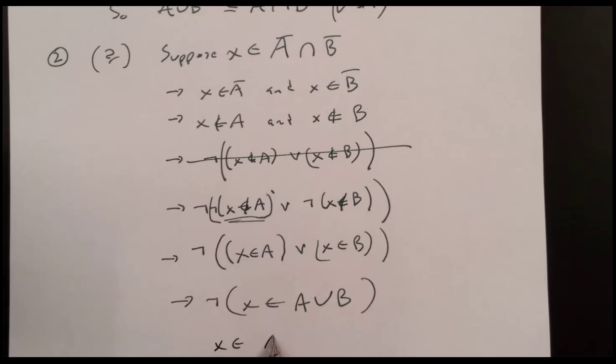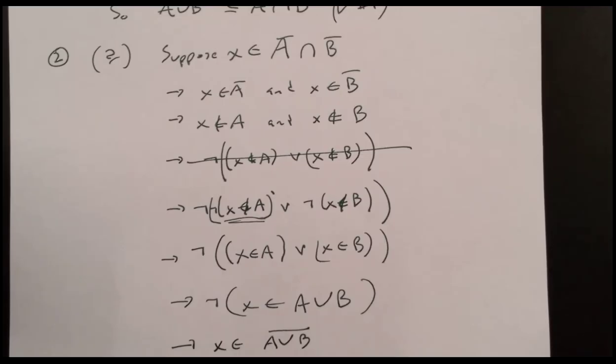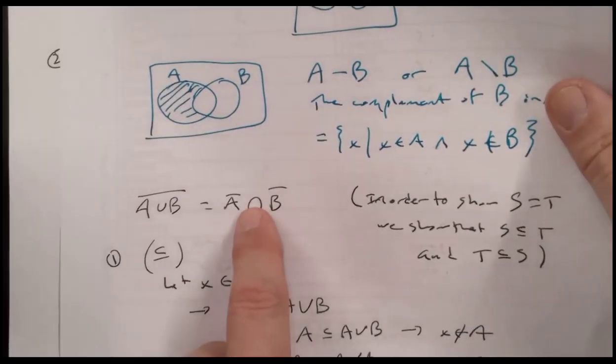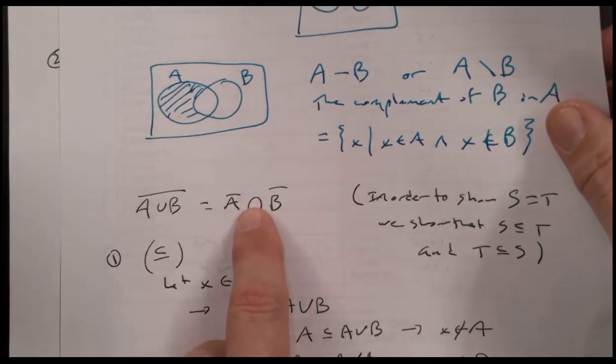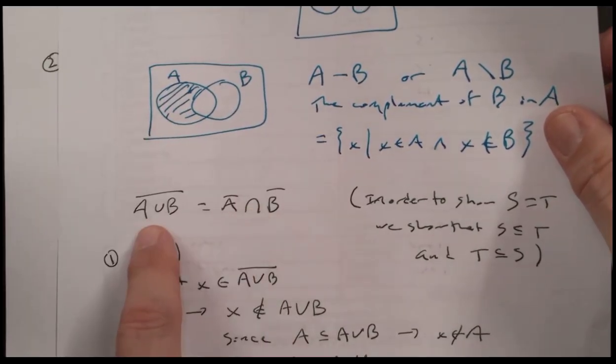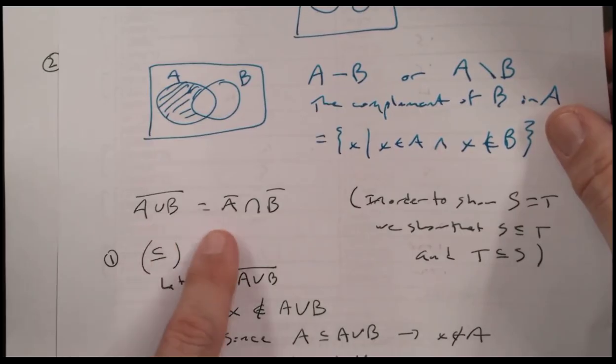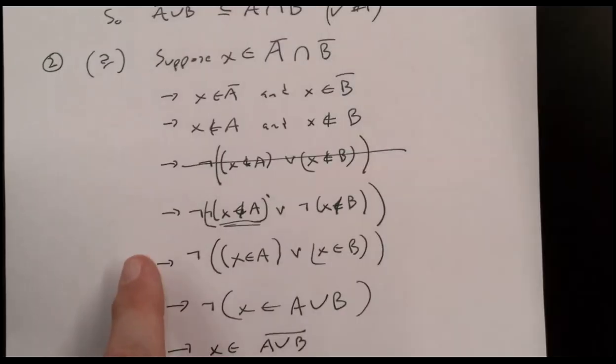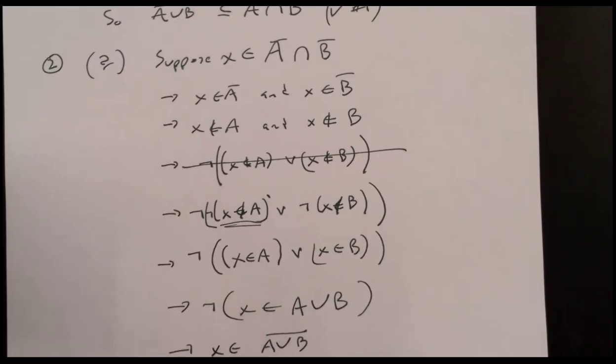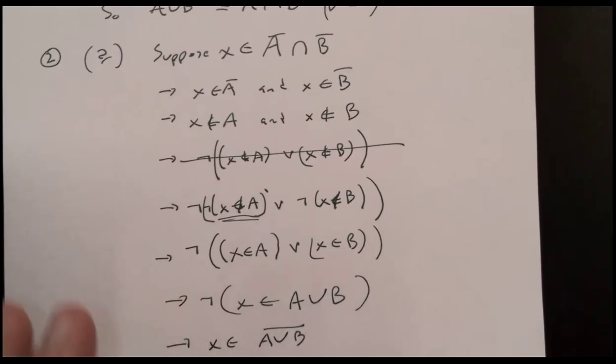X is in A union B complement. Hey, wait just a blinking second. I started with something in here, and I ended with that thing must be in here. And we picked an arbitrary thing, right? If it's true for an arbitrary one, it's true for all of them.